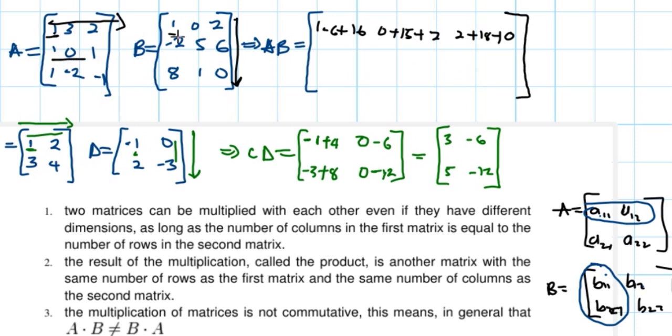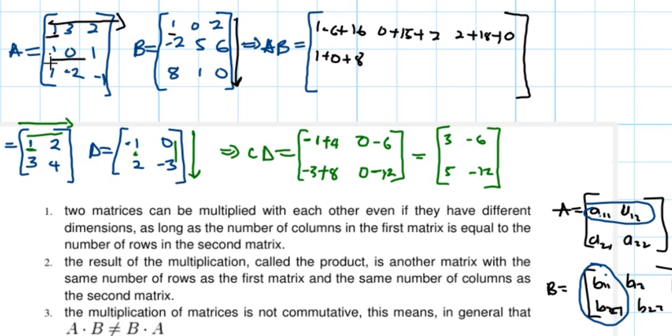This one now is going to multiply this and this. So 1 times 1 now, you're going to be having 1 still, right? Then 0 times minus 2, that is 0. Then 1 times 8, that is plus 8.